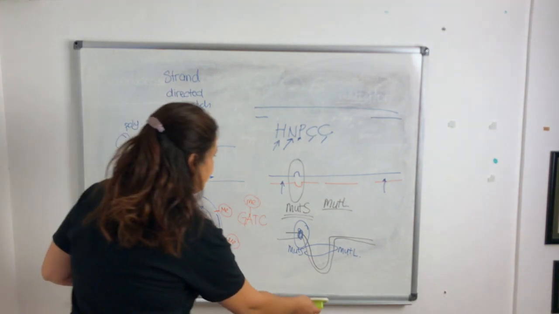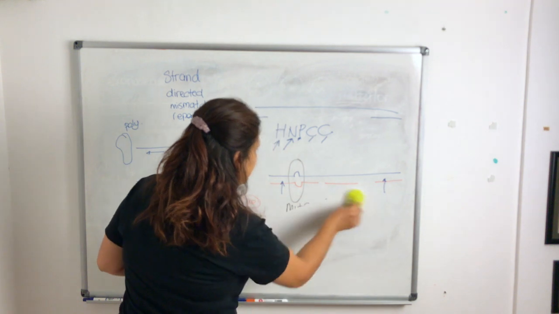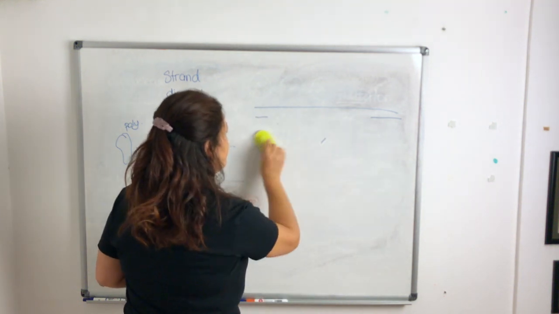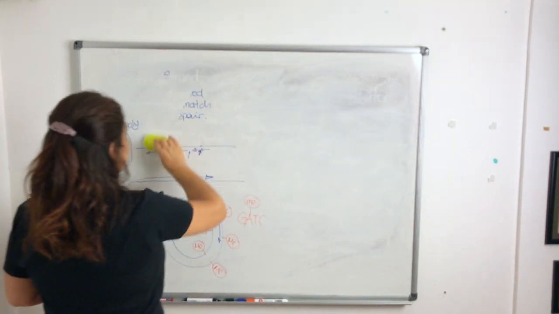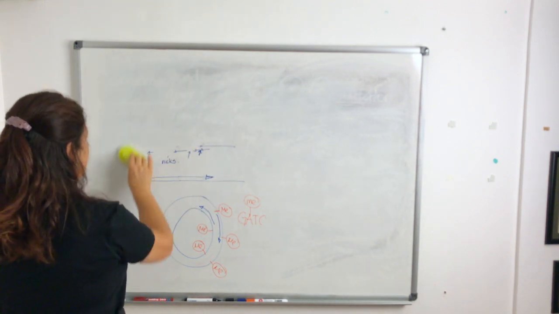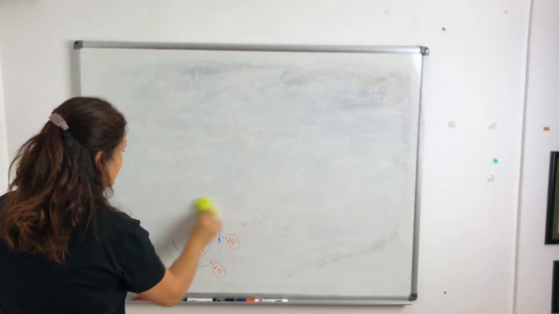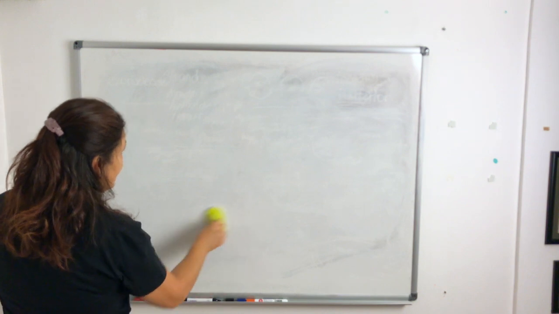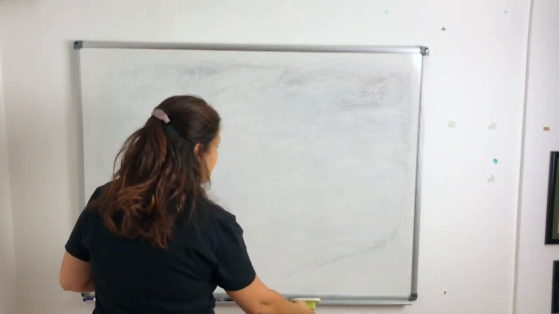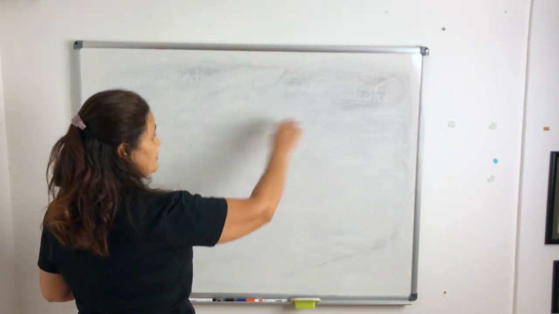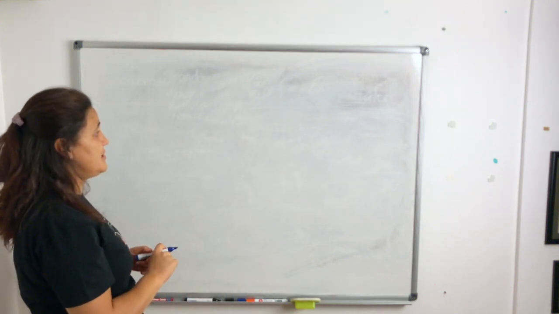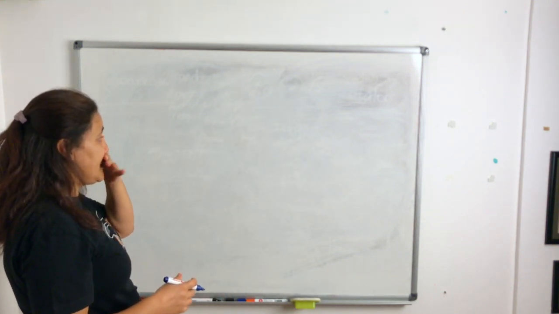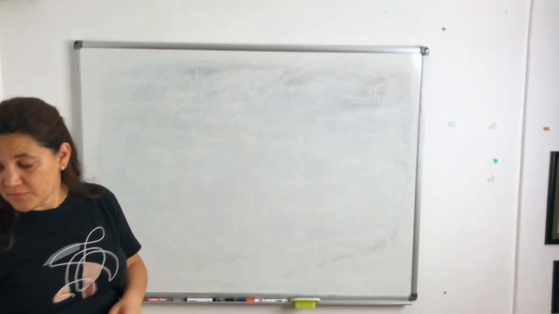Now we can draw the replication system. When we drew the strands, I was drawing two strands going in each direction, but actually the replication process is a compact process.